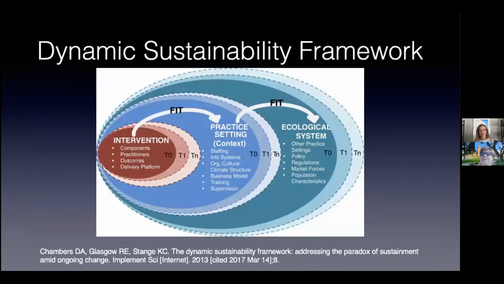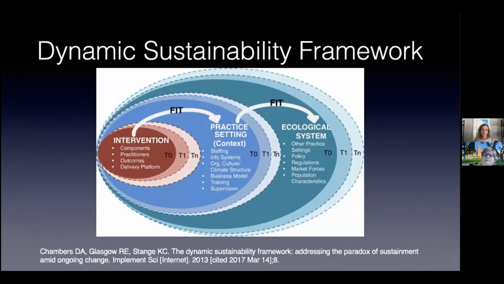And one of the things I also really love about the qualitative methods generally, but also the more ethnographic approaches, I often come back to the dynamic sustainability framework because I think it contains just some tremendous insights about how implementation actually works. And it manages to encompass that in a pretty tight model, and I love that.